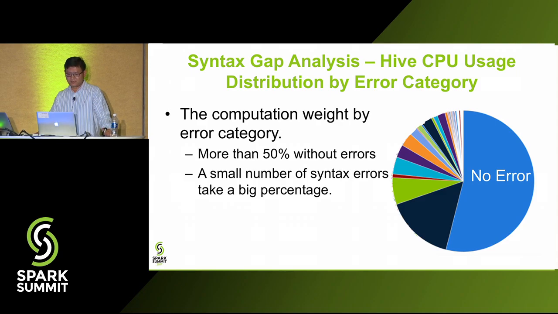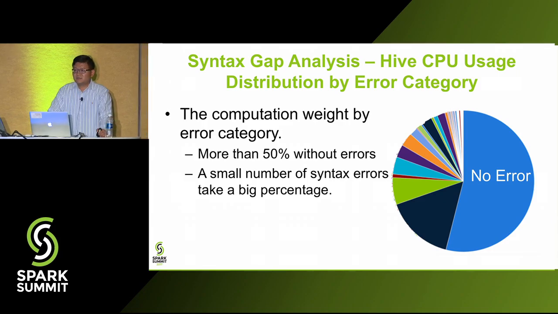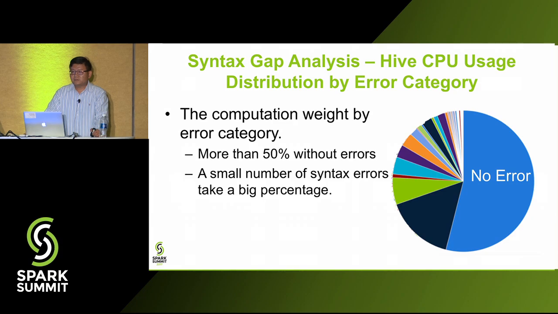There's another piece of good news here. A small number of syntax errors actually take a big chunk. If we fix the top 10 syntax errors, probably 90% can go through all the syntax analysis phases. With this number, we decided to start the project for the massive migration.